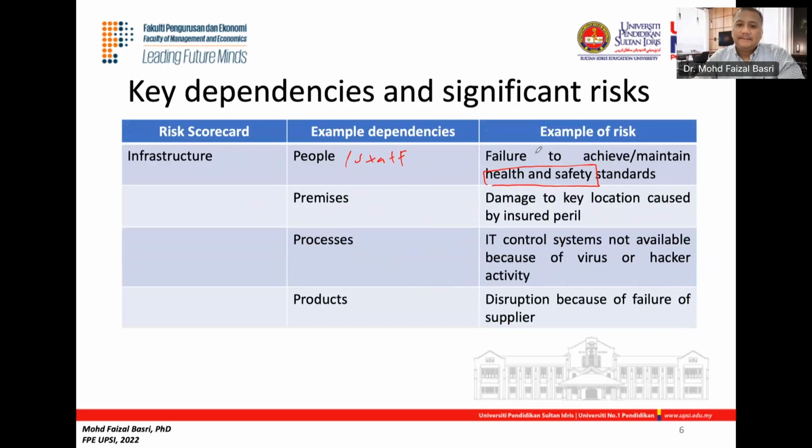Next, for example, with regards to infrastructure processes, including IT infrastructure, it can be physical and also system based, including staff, process, premises. IT controls are not available because of a virus or hacker activity.